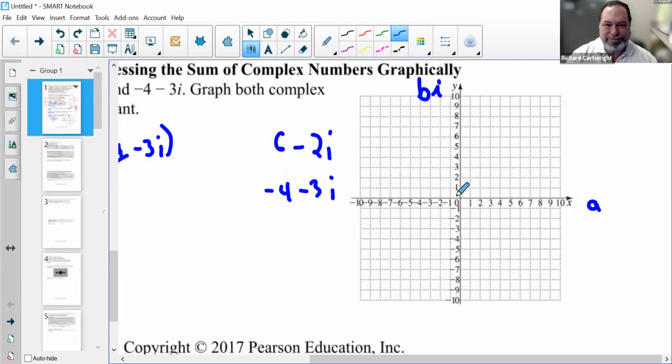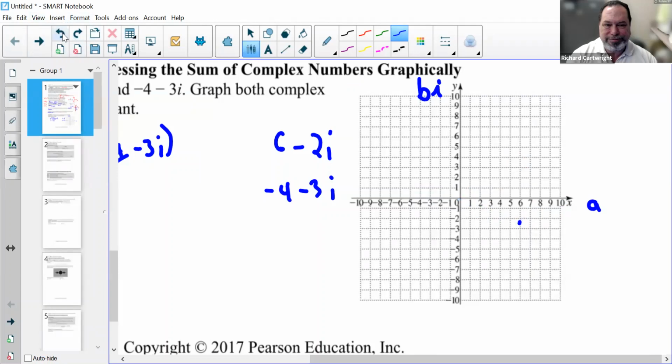So when I graph 6 minus 2i, positive 6, down 2 is going to be where I put my dot. And then from 0, 0, I'm going to draw my vector out there.